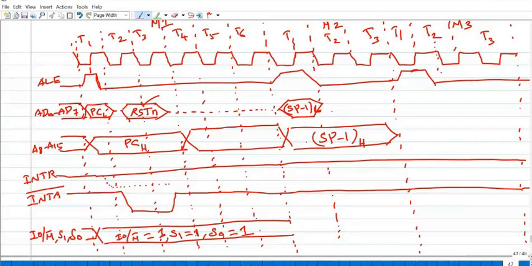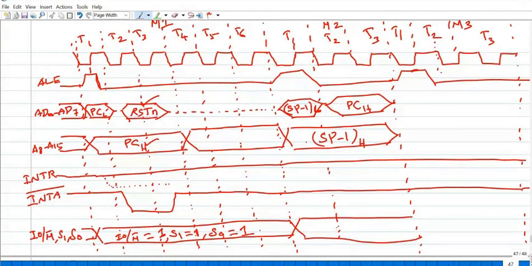Then during the T2, T3 states, D0 to D7 hold your PCH information. So this data is first stored in the stack memory. So this is a memory write operation.